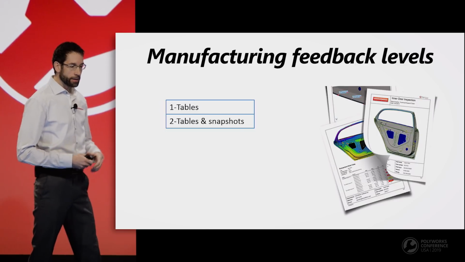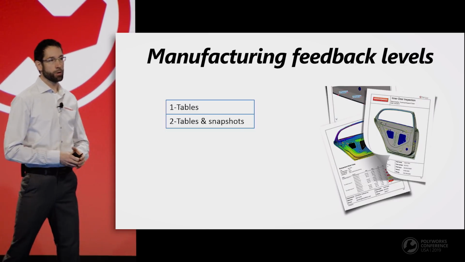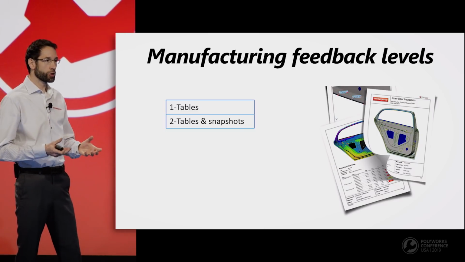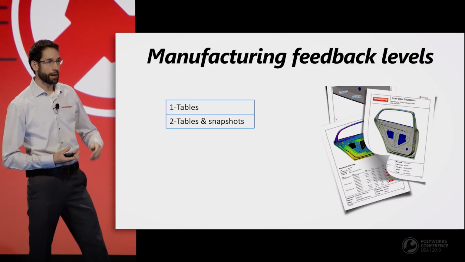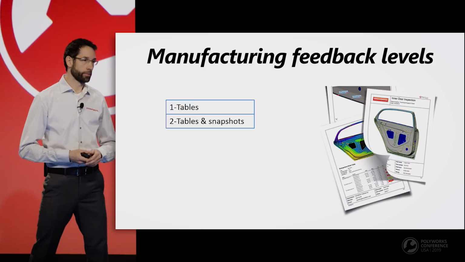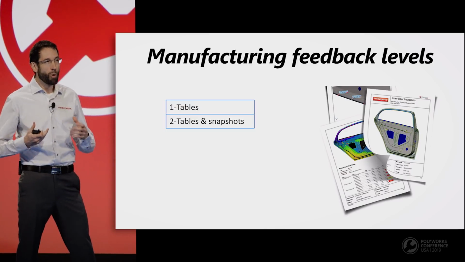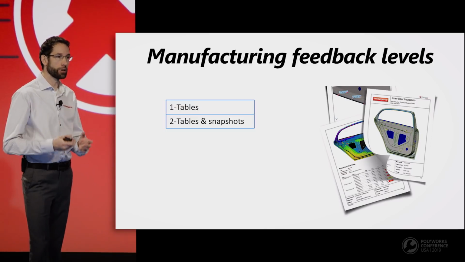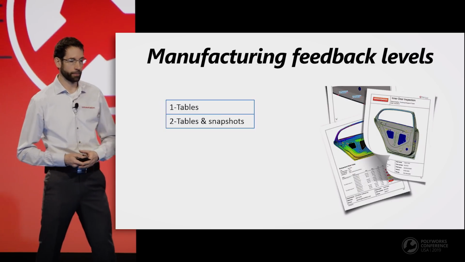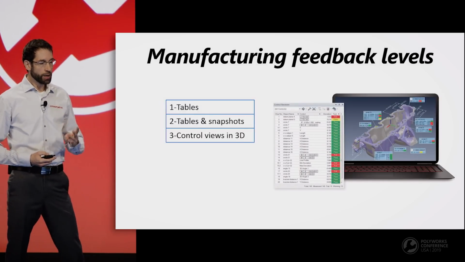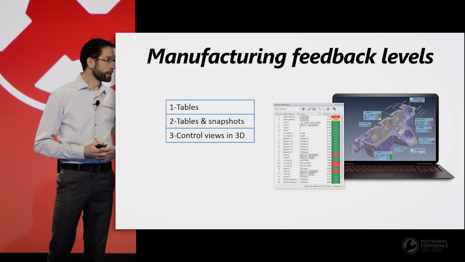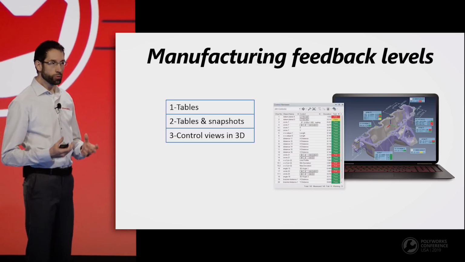Level 2 adds some visuals to the tables by complementing the information with images, like color maps and annotations. These visuals give more information and ease the understanding of the part defects. We added level 3 in PolyWorks 2017 when we developed the control views.